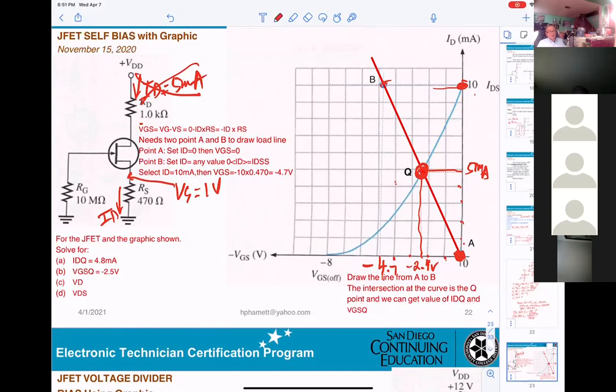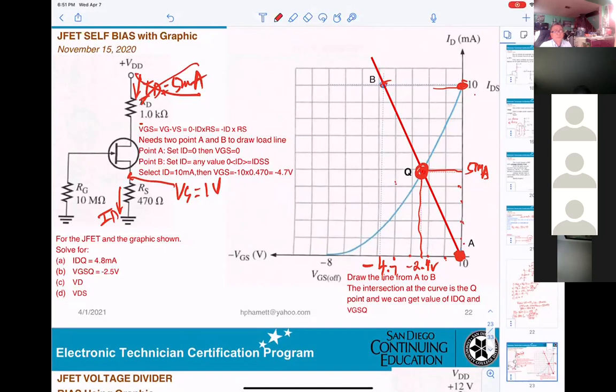I think I can help here. If you go back to the equation for drain current, it's a quadratic equation. So it's ID equals IDSS times 1 minus VGS over VGS off, squared. So basically what you're looking at in that graph of IDS versus VGS is a square law device based on that equation.